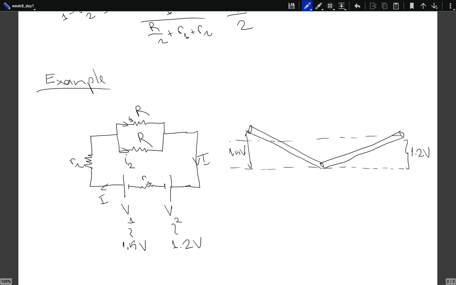The same thing will happen over here. We have two batteries. This battery is trying to push a current in the clockwise sense, whereas this one is trying to push a current in the counterclockwise sense. But since this has a larger voltage, at least for these numbers, the current will be running in this sense.